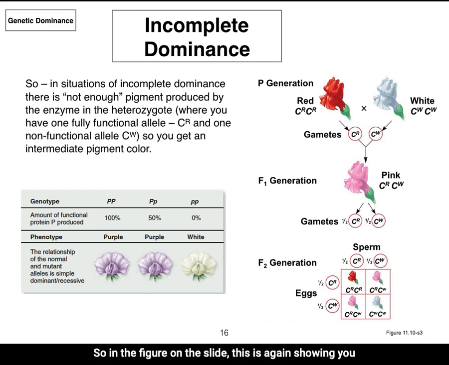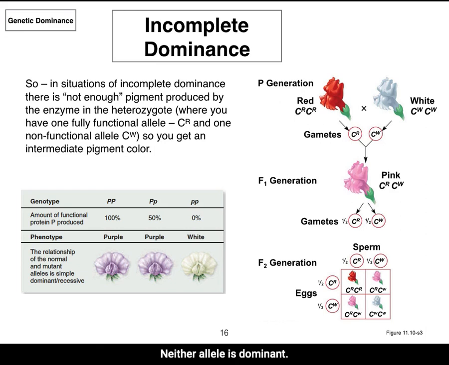So the figure on the slide is again showing you the flow of incomplete dominance in a snapdragon. In red snapdragons that are crossed with white snapdragons, the F1 hybrids have pink flowers. Segregation of alleles into gametes of the F1 plant results in F2 generations with a 1:2:1 ratio for both genotype and phenotype.